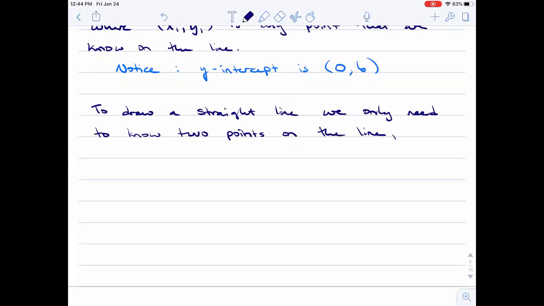If we plot them, we can connect them and extend the line, and then we've got our line, right? Because for a straight line, doesn't matter what your value of x is, we're able to figure out what our y's are.